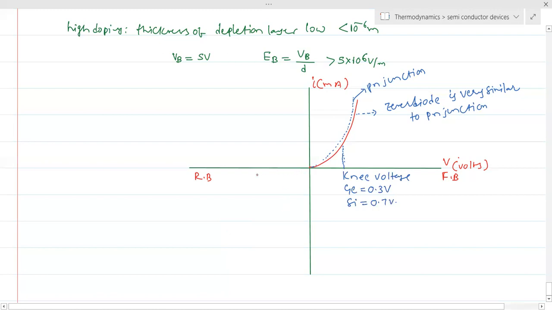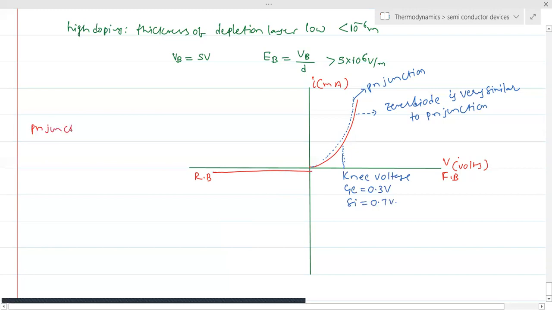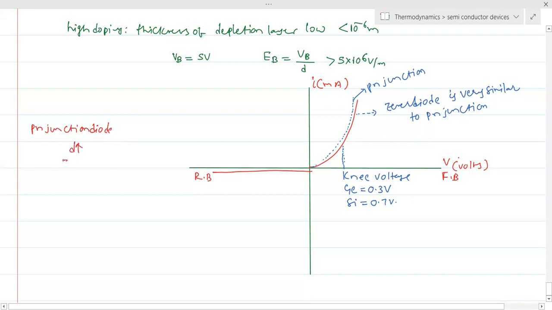Let us see first the PN junction diode. As V is high, the barrier field is comparatively less in comparison to the Zener diode. Therefore, the applied potential VB should be very high to motivate the charge carriers.